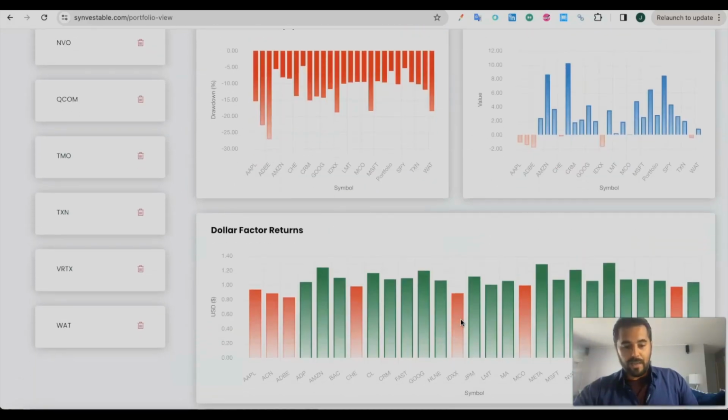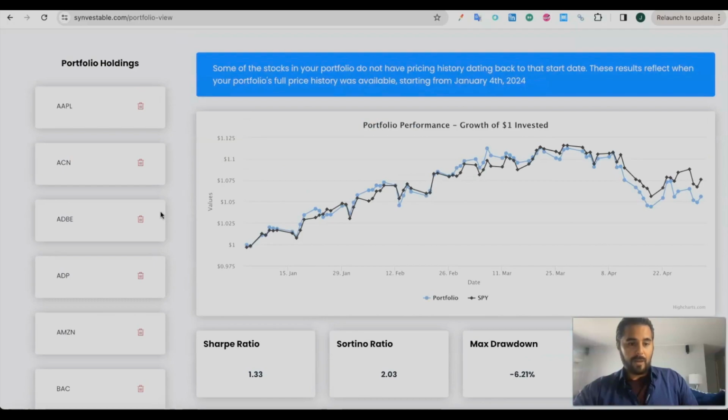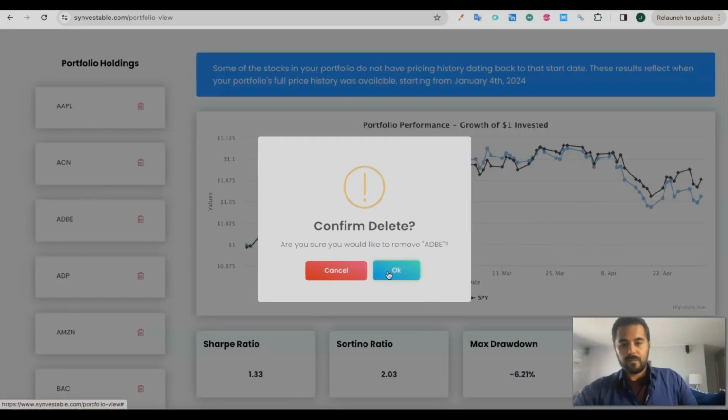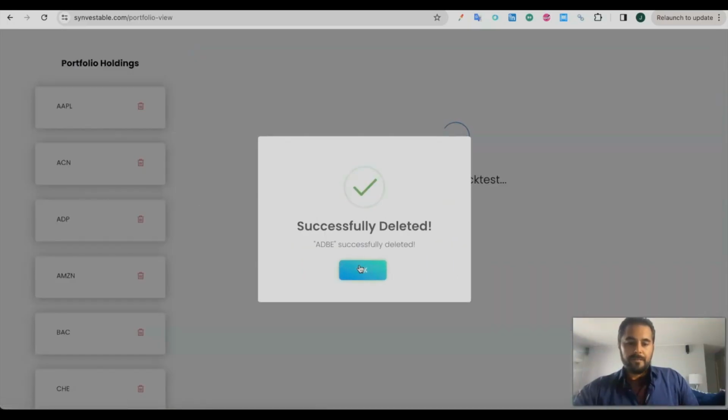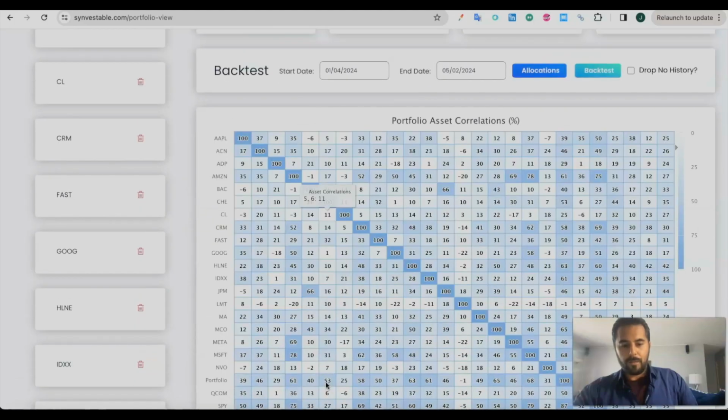So again, let's go through. Adobe has taken a beating, ACN, Apple. Let's do one more. Let's erase Adobe out of here and see how we start to perform. A little bit better performance here.